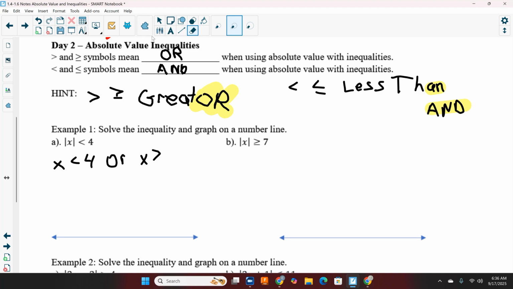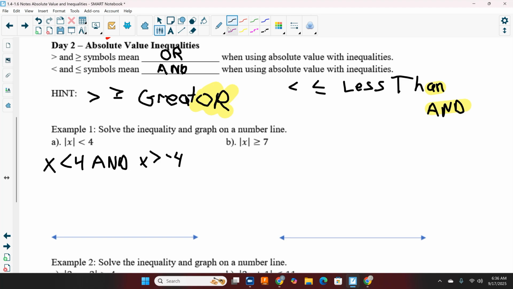Let me start over, brain fog. Less than. We just went over talking about all that, and I had a brain fog moment. X is less than 4. Less than is an and. X is less than 4, and x is greater than negative 4.